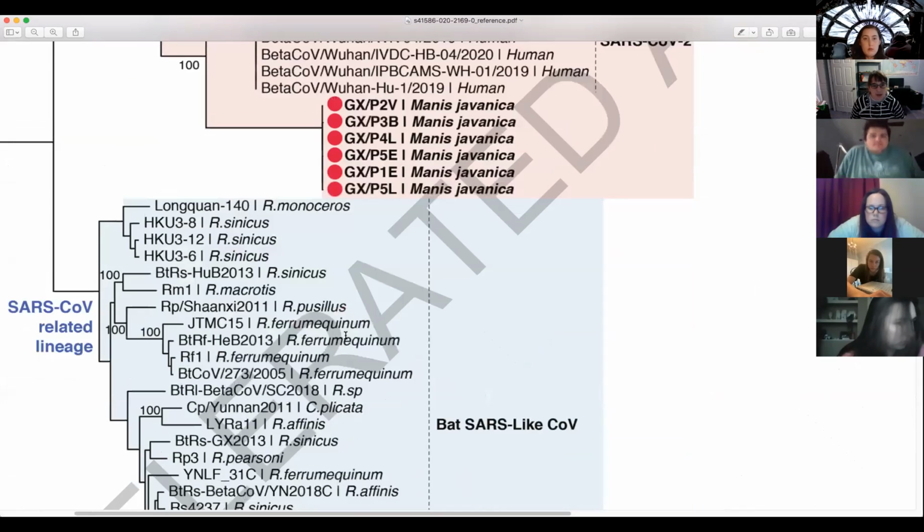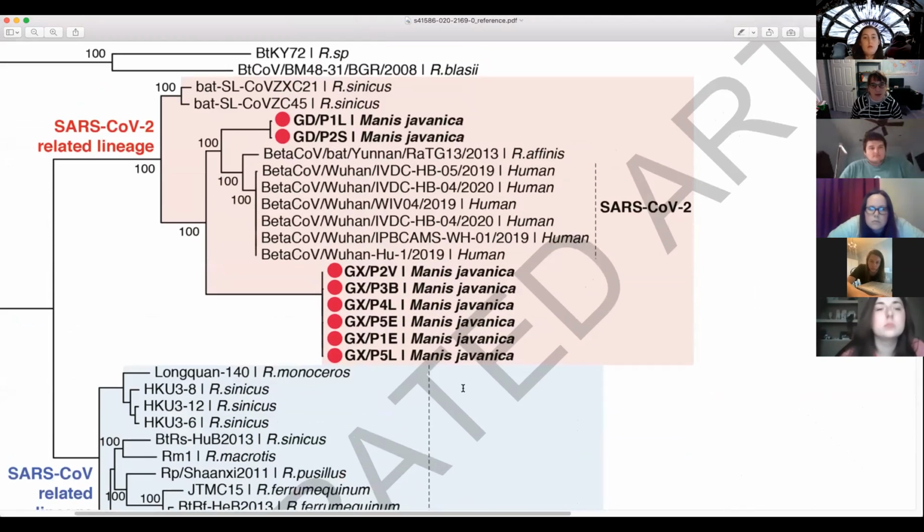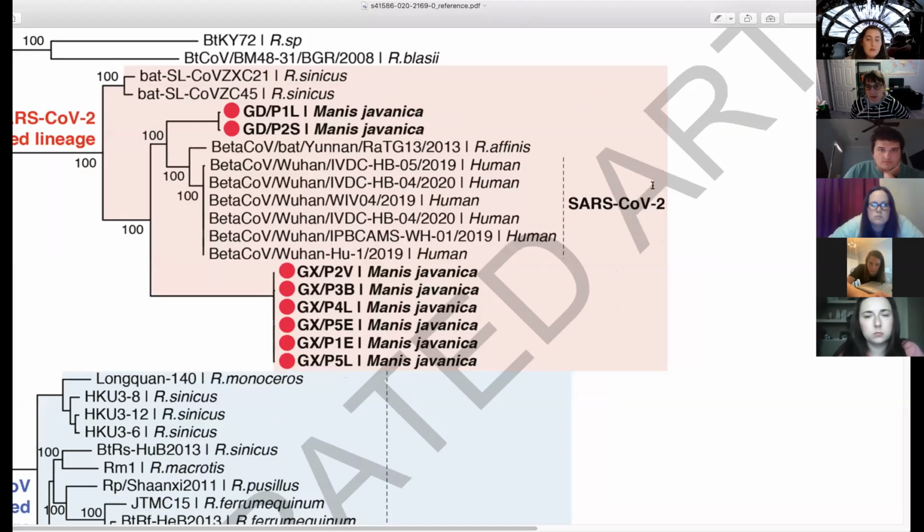Okay, so here's their phylogeny. With the full-on genome of about 30,000 bases, this is what their phylogeny looks like. Is it zoomed into the phylogeny with the SARS-CoV-2 related lineage? Yes, ma'am. So now you see that they have 1, 2, 7, 8 Manis javanica, and that is your pangolin. You've got a bunch of human sequences, and you can see they've labeled that clearly SARS-CoV-2.